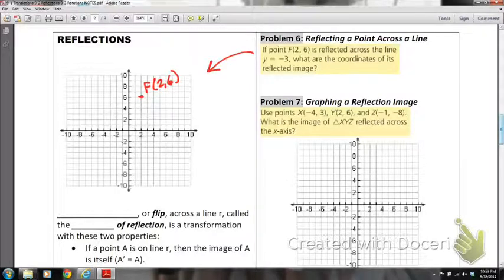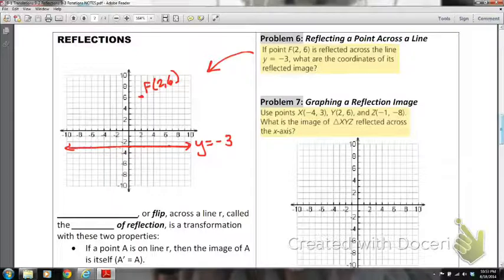And the point is going to be reflected across the line y equals -3. So where is that line? The line y equals -3 is the line where every point on the line has y equal to -3, no matter what x is. So that forms a line at y equals -3.